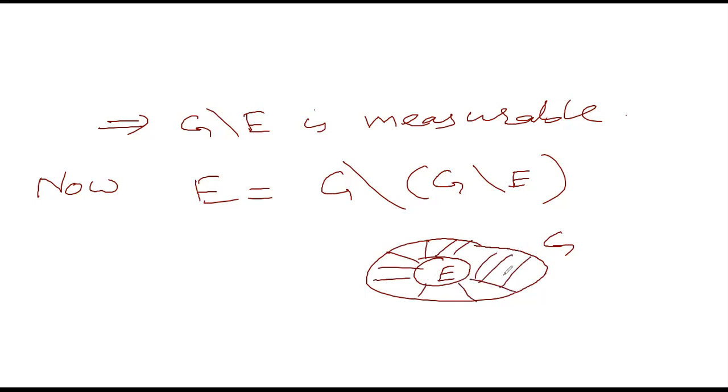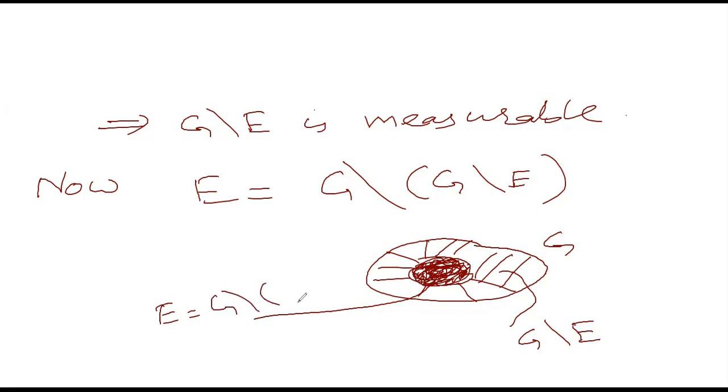Then you take out this portion G minus E from G, and what remains is this set, which is E. So E is equal to G minus (G minus E).